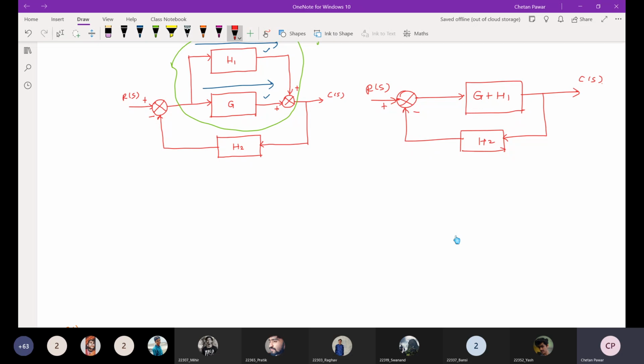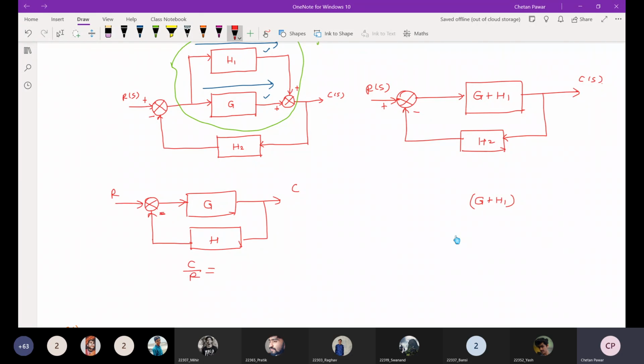First, the forward path gain. As we have seen, if there is a closed loop like this with negative feedback, what will be the total resultant transfer function of this block?